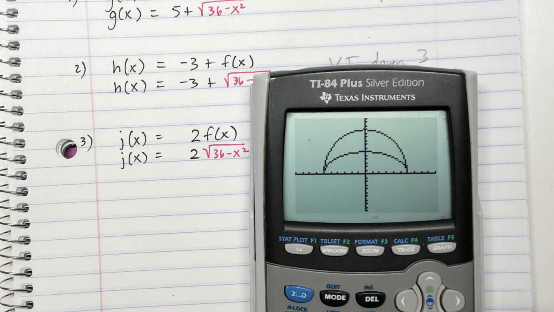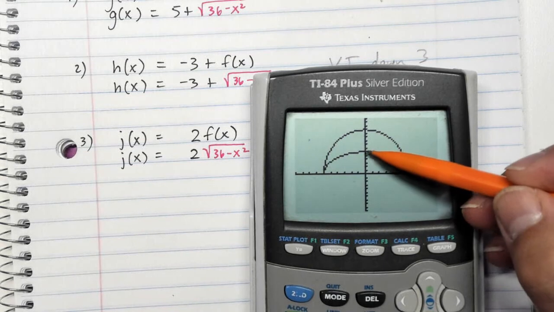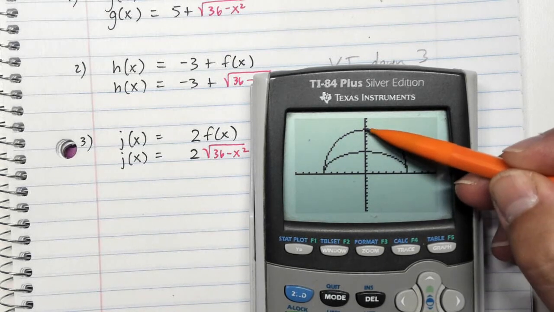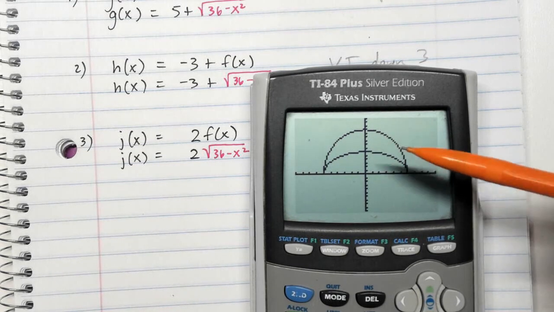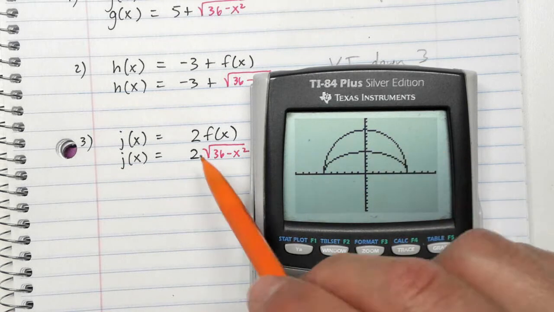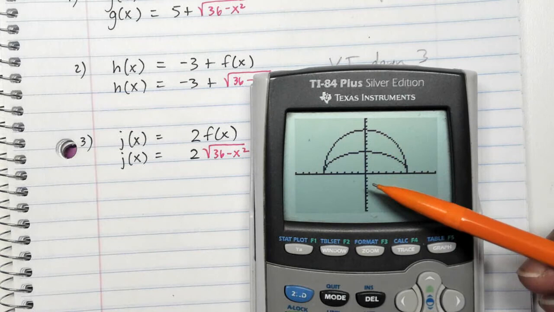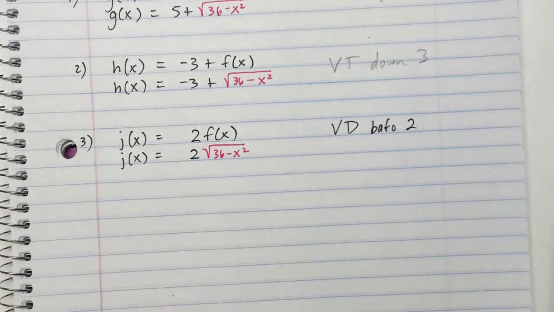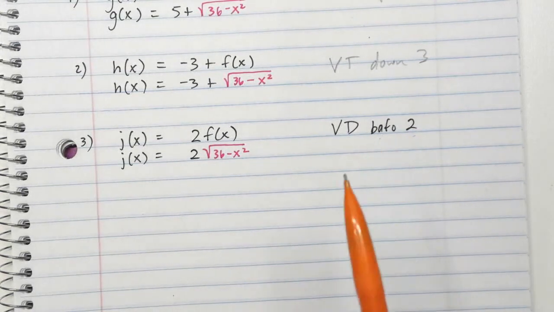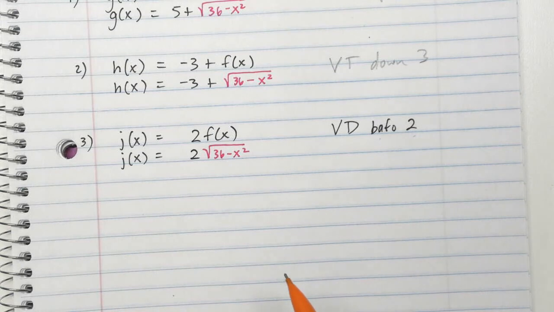This went up to a maximum height of 6. This went up to a maximum height of 12. Look, 6 times 2 is 12. Yeah. 6, 12. Multiplied by 2. By a factor of means multiply by. Okay.